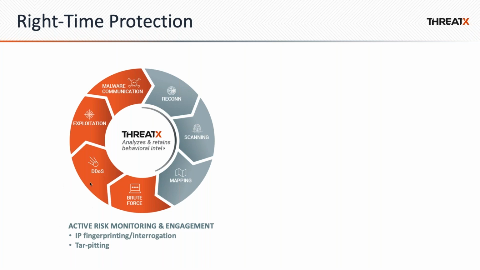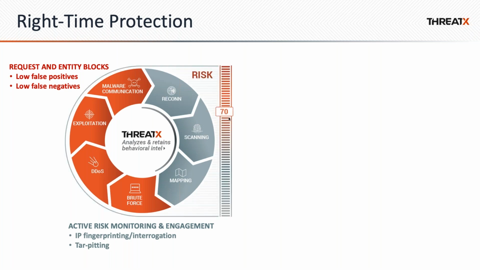We have the ability to tar pit an entity so that if it's trying to attack a particularly compute-intensive piece of your web app, or maybe a very security-sensitive endpoint in your API, we can slow those attacks down and make them more expensive for an attacker. And then as we see those more malicious activities, we can block. This leads to us having very low false negatives as well as false positives.